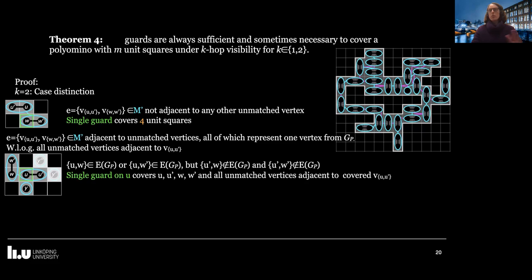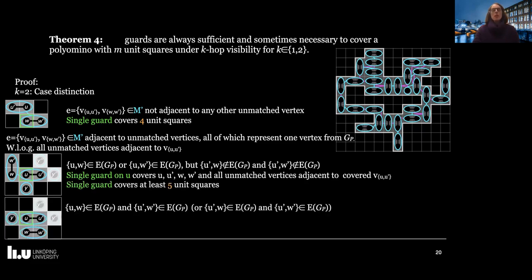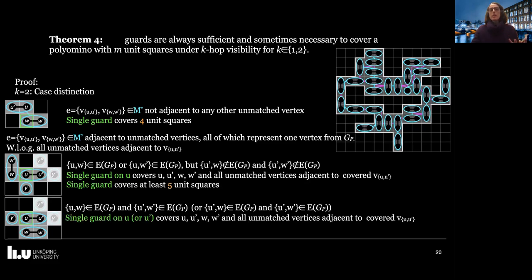And again, these light gray ones might be present or not, but however it is, if we place a single guard on U, it will cover U, U prime, W, W prime, and at least one such unmatched vertex. So we have a single guard covering at least 5 unit squares. And if the case is that our edges are parallel, then we place a single guard on either U or U prime, and it will again cover at least 5 unit squares.